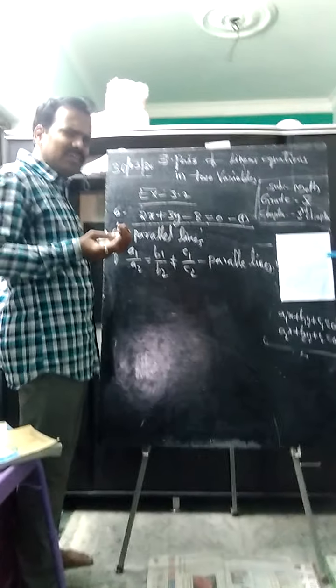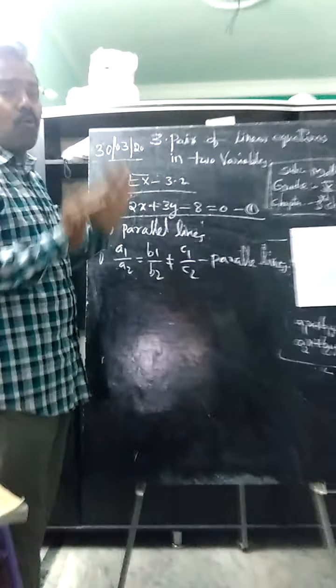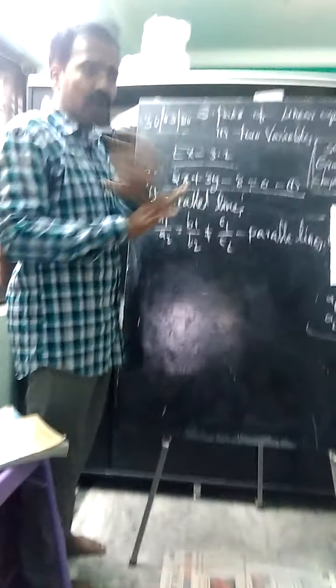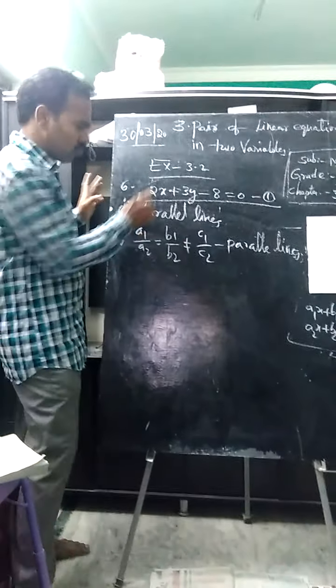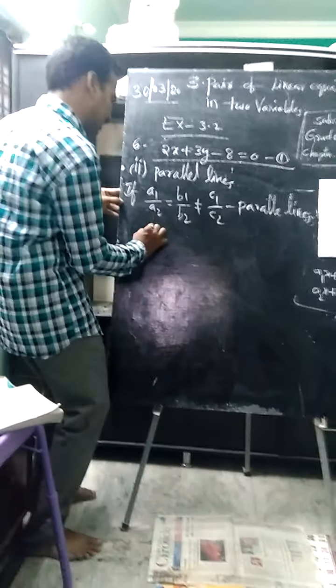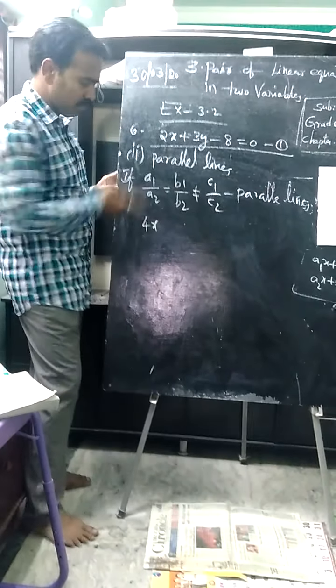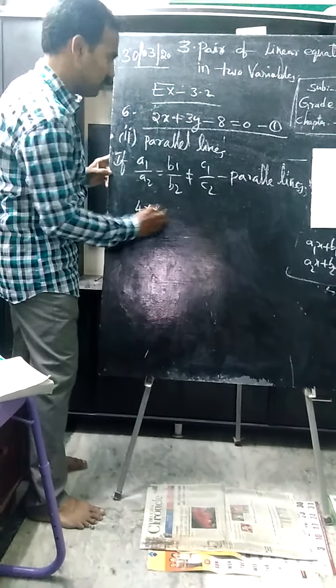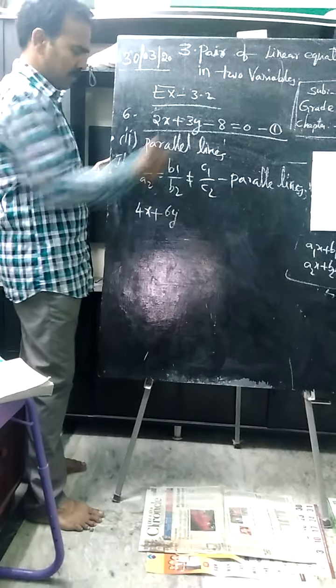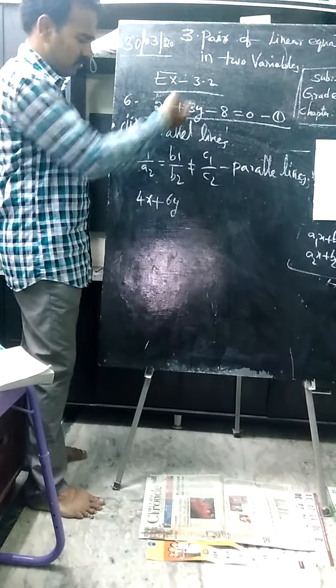Let me assume I will write one equation. No need to write the same equation; you can do it in your own creative way, no wrong at all. Simply I will take it like this: 4x, which is a multiple of 2, plus 6y. If you multiply by 2, you get 4x, 6y.